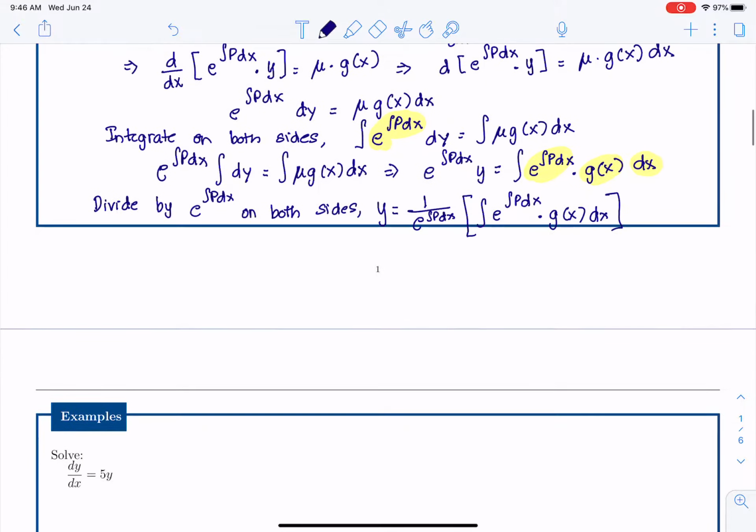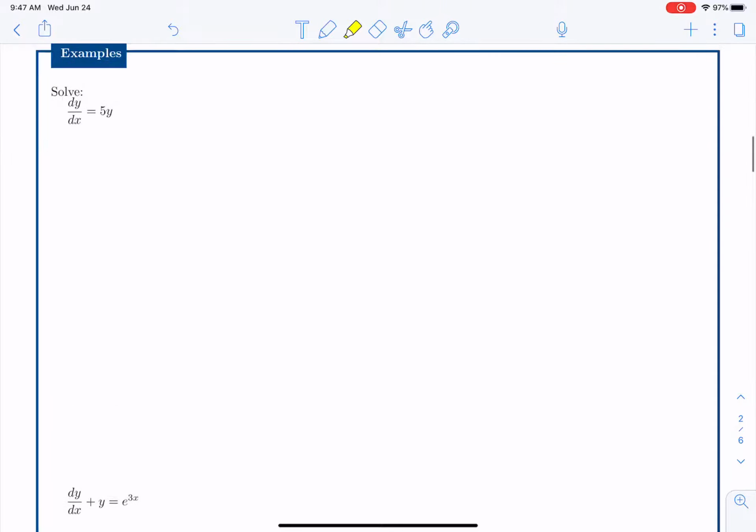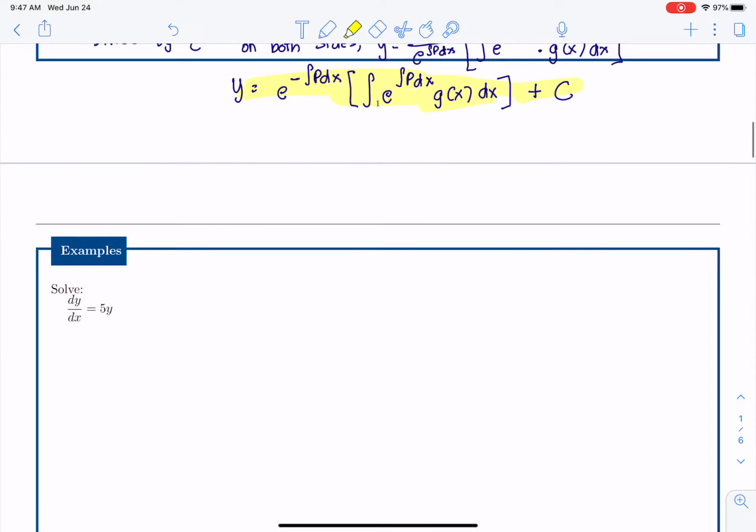In a simple way, we could write this as y equals e raised negative integral p times dx, integral e raised integral p dx times g of x times dx, plus c, a constant. So that would be the solution to the linear equation.